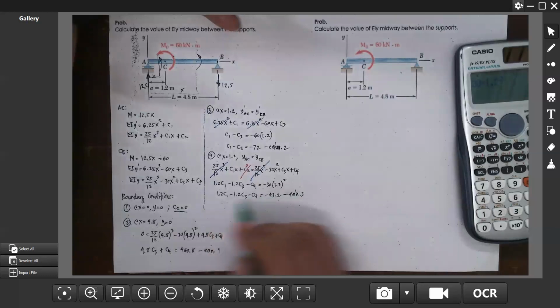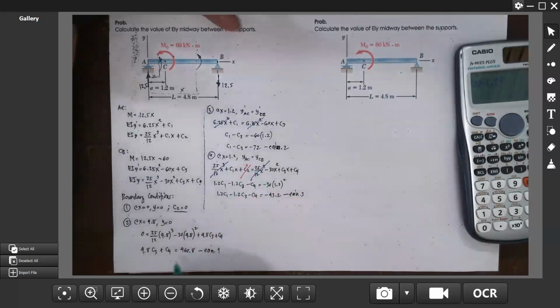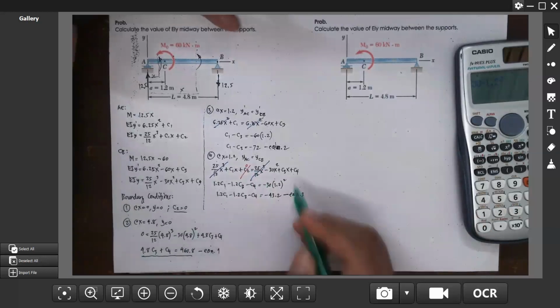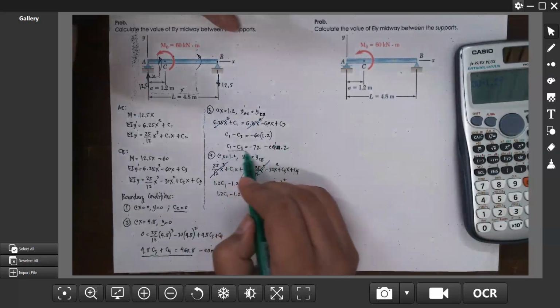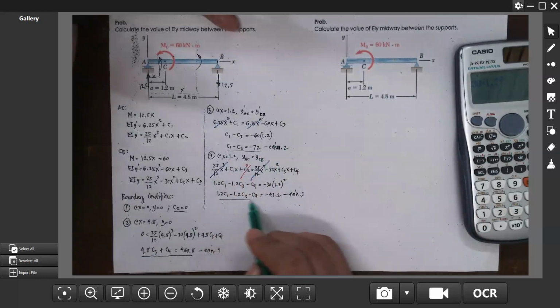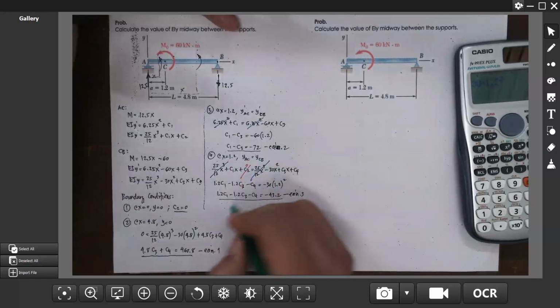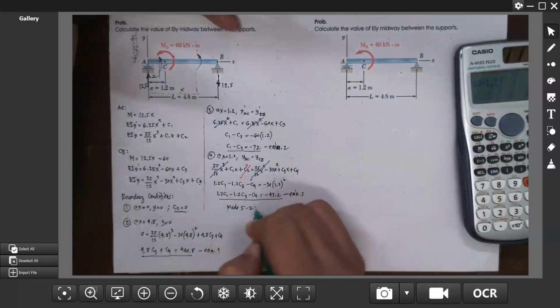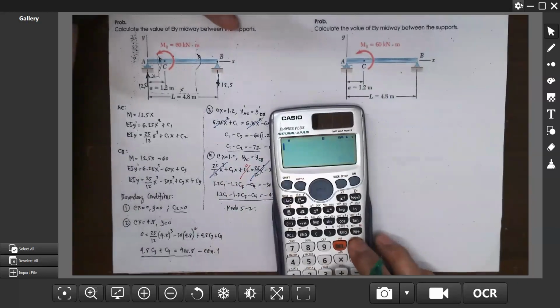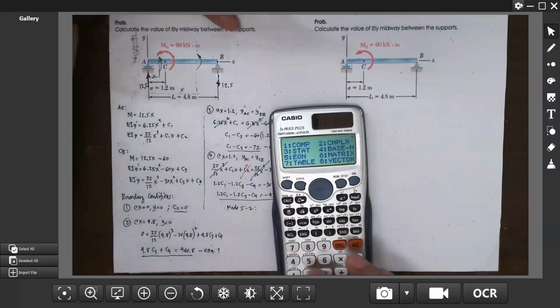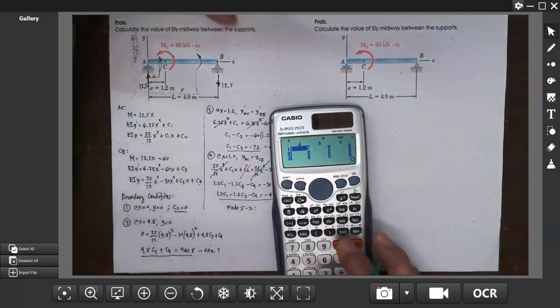So, gamit ka mode 5, kini equation 1, equation 2, equation 3. Mode 5 2. Nakaya na yan.